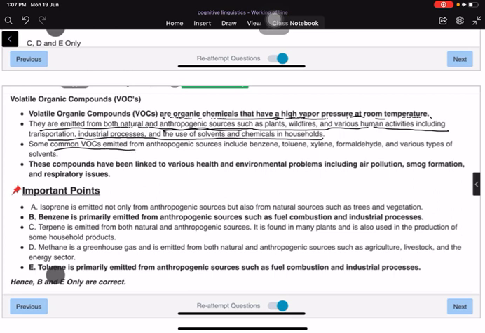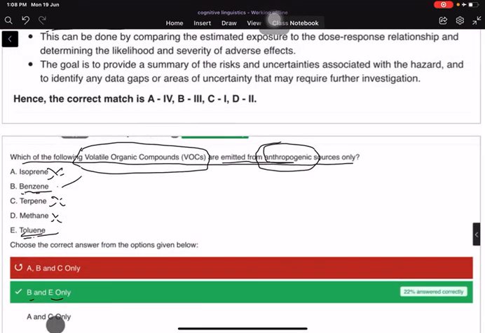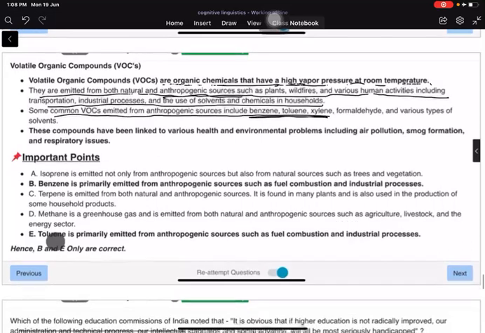Some common VOCs emitted from anthropogenic sources include benzene, toluene, and xylene. These come from anthropogenic sources, right? Xylene, formaldehyde, and various types of solvents.